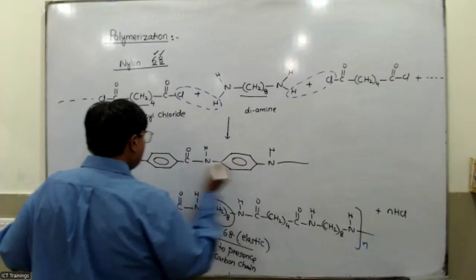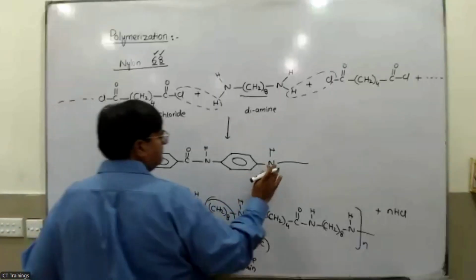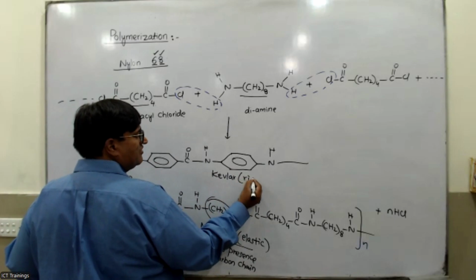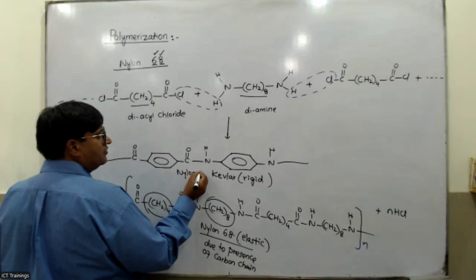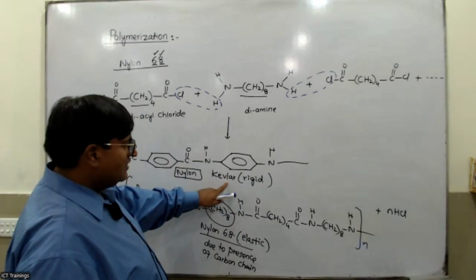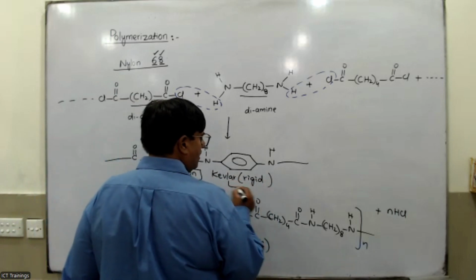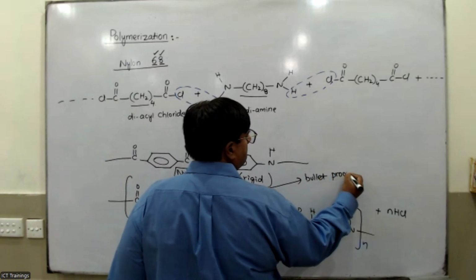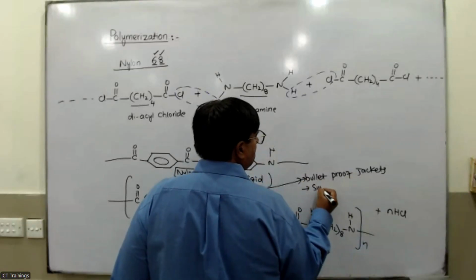So this type of polymer that is formed also has the amide linkage, but it is called Kevlar. And this is the rigid one. It is also a nylon, but this special nylon called Kevlar is rigid, not elastic. Kevlar has uses in bulletproof jackets, and it is used in suitcases as well.